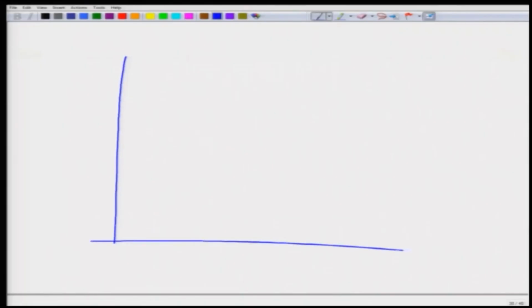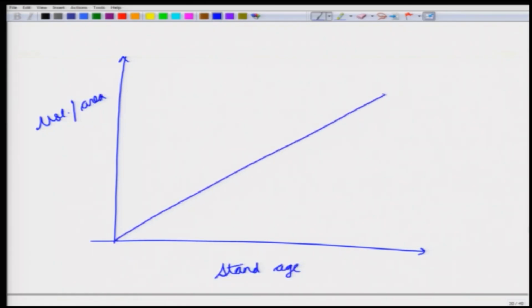On the other hand, if there is a stand that is 0 years of age, the plants have not put up any increment, so the total volume is 0. Essentially, if we plotted volume per unit area versus the stand age, we will get a curve like this.